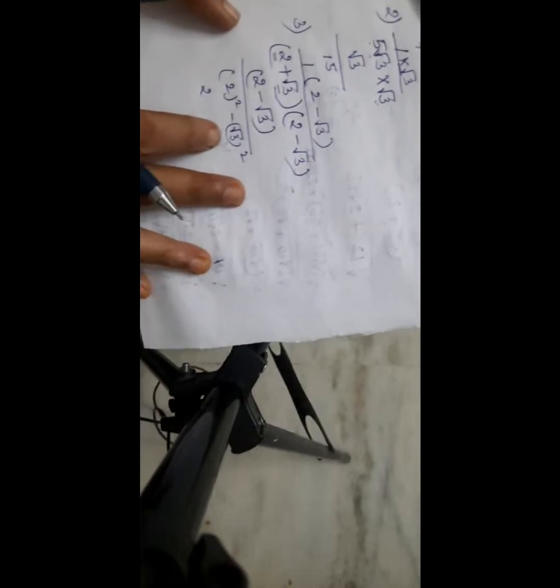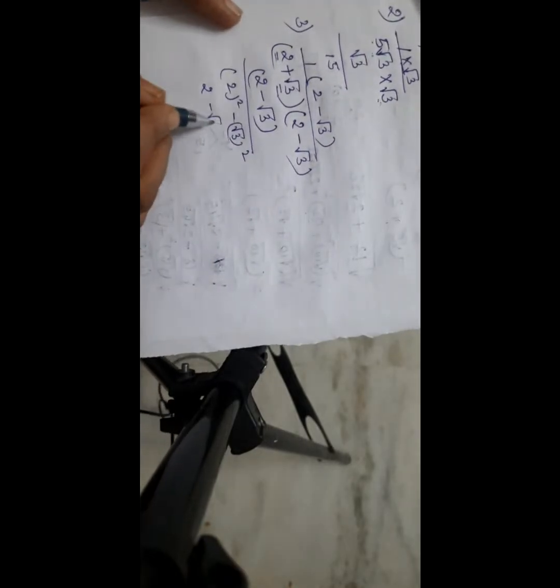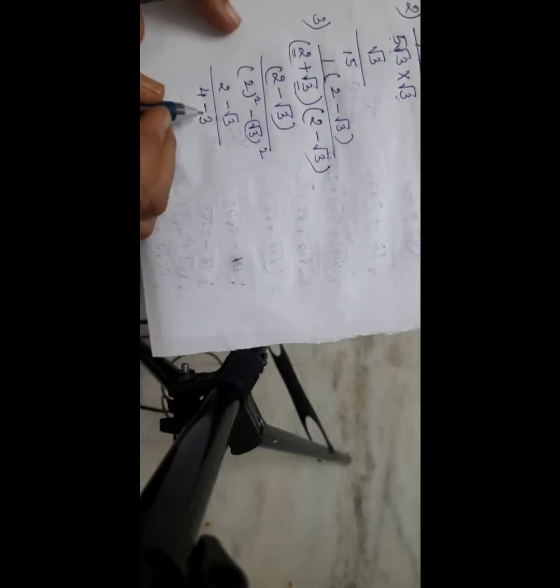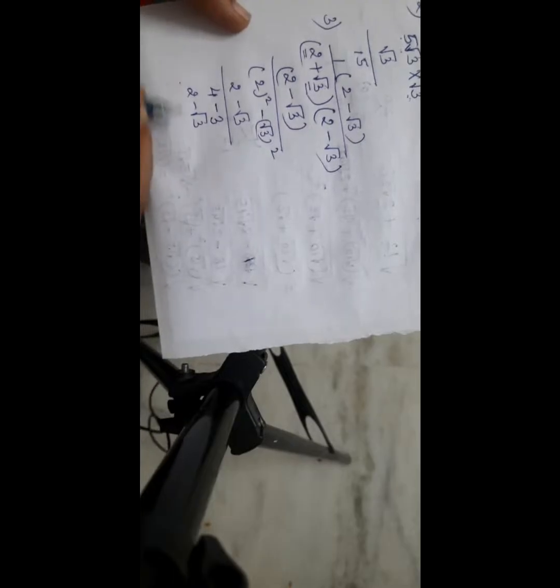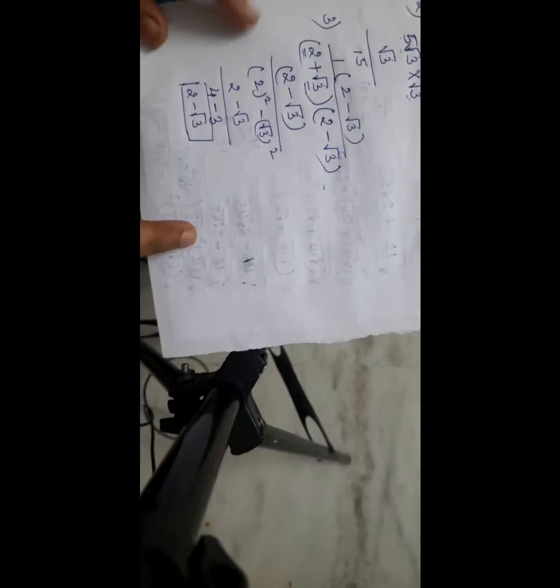So finally, 2 minus root 3 upon 2 square is 4, root 3 square is 3. The final answer is 2 minus root 3 upon 4 minus 3, which is 1. No need to write 1. So this is your final answer. This we call rationalization. Let's move on with one more question here.